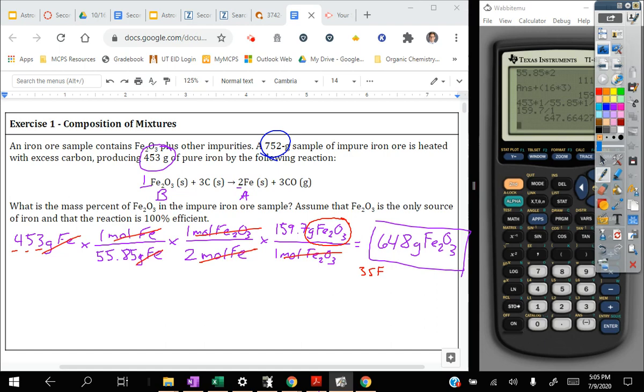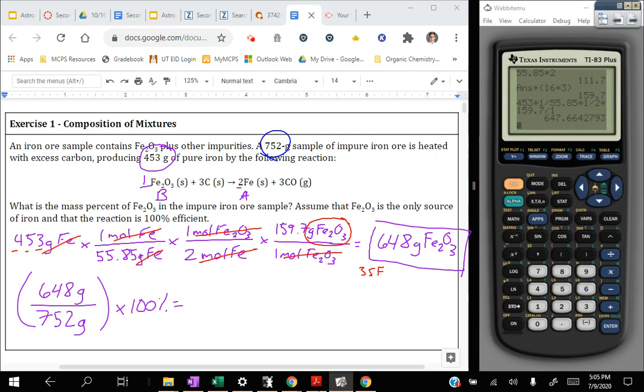So if I have my actual amount divided by the mass of my original sample, 648 was my actual amount, divided by 752, which was my impure sample to begin with, and I multiply that by 100, I get the percentage of purity. So I know exactly how pure my sample is.